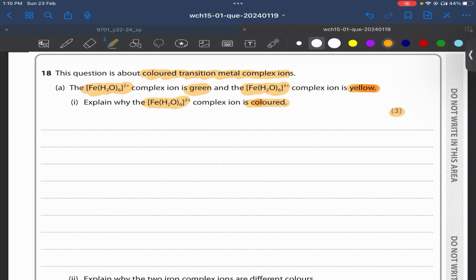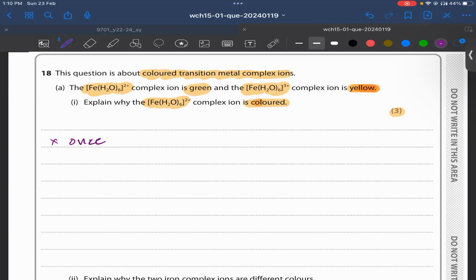So we have to explain the color theory, why the hexaaqua Fe2+ ion is colored. The reason is that when the transition metal gets connected to the ligands, the d subshell gets split into two different energy levels.